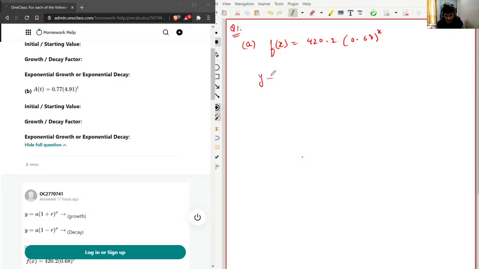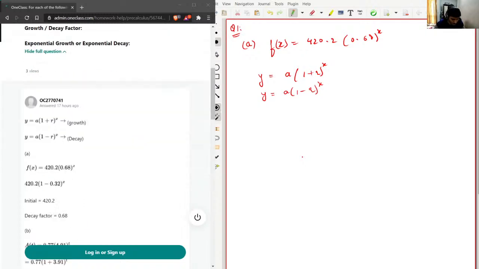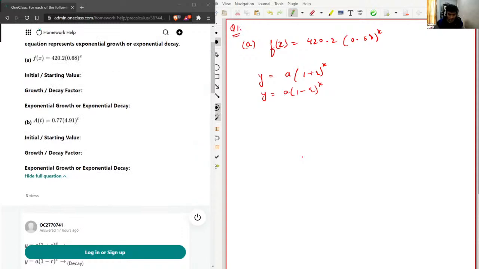So let's say we have a function y equal to a times (1 plus r) to the power x, and let's say y is a times (1 minus r) to the power x.